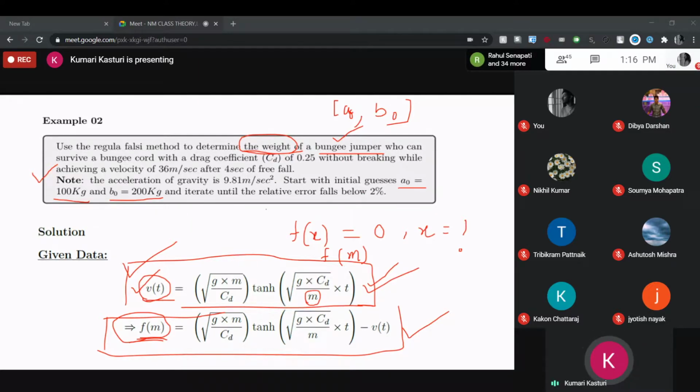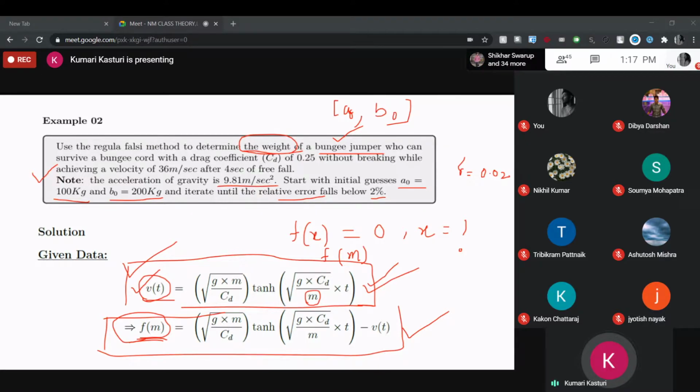Then write down delta, the relative error: 2 percent, which means 0.02. In the question, these are the values given to you; you have to extract these values. Then delta is 0.02. After that, write down g. g is equal to 9.81 meter per second square.